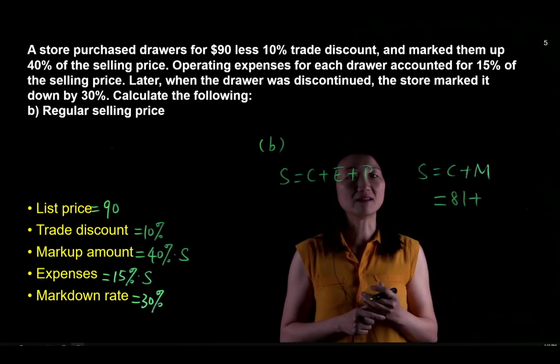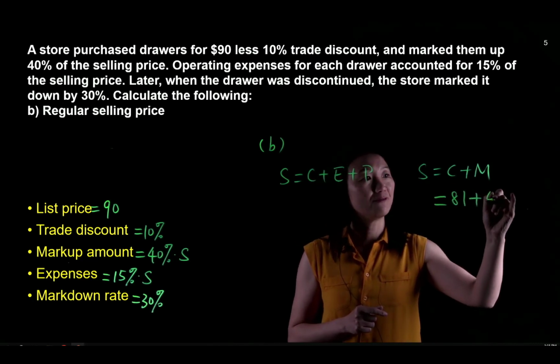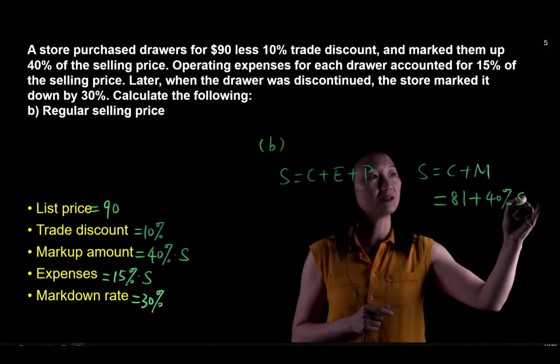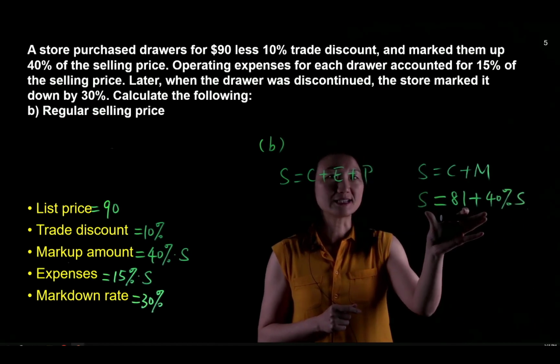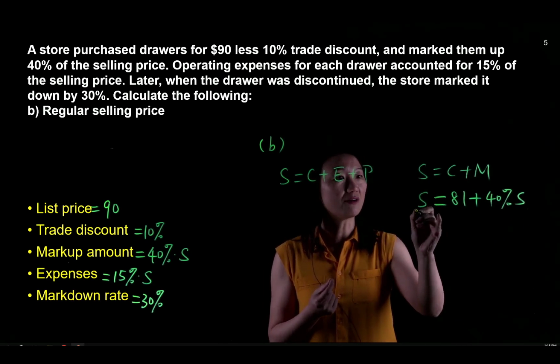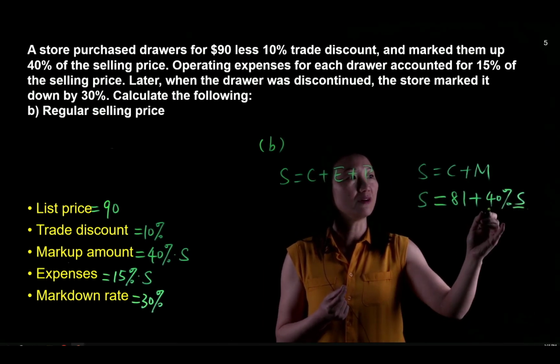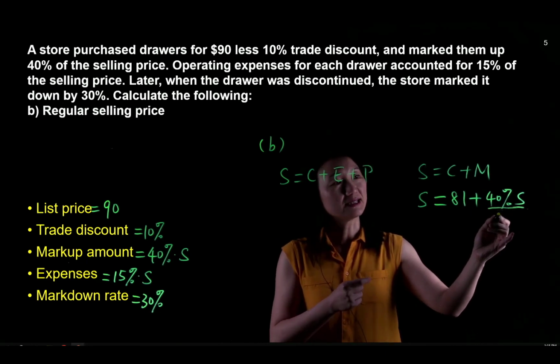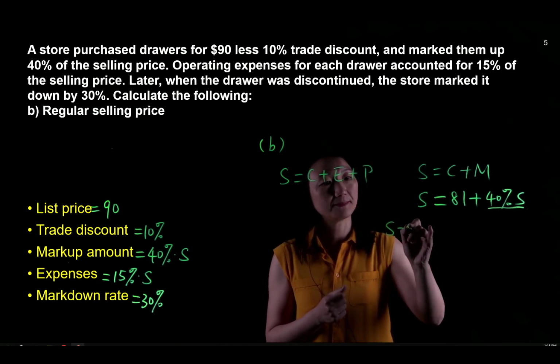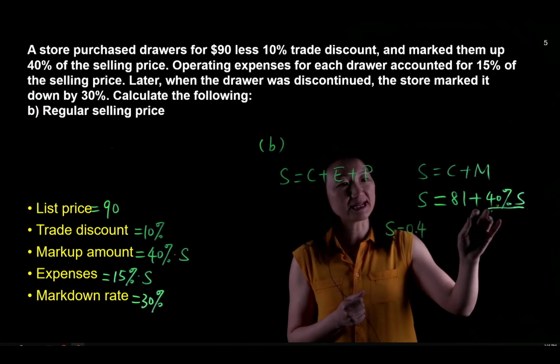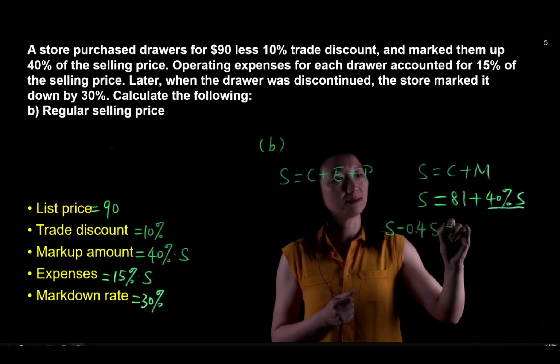Cost is $81. Markup is 40% of the regular price. For this equation, in order to solve for S, I will move 40% S to the left-hand side, and I will write 40% as 0.4.